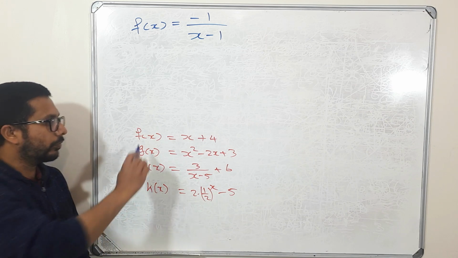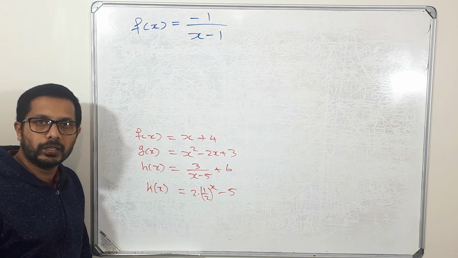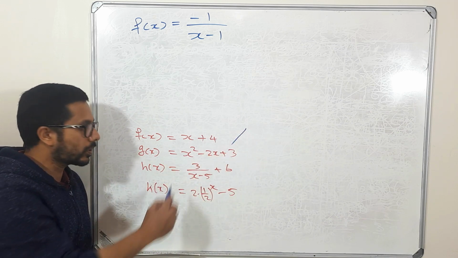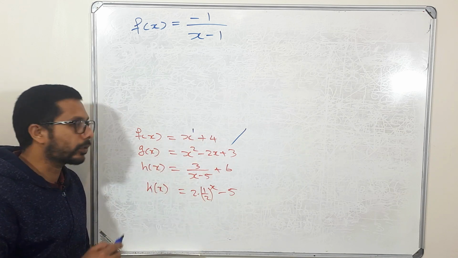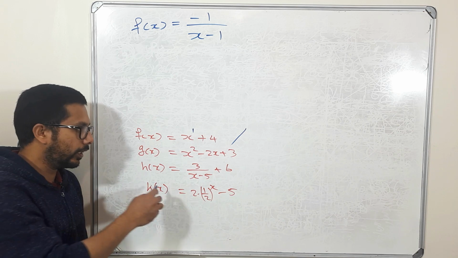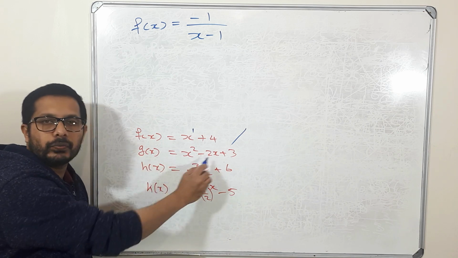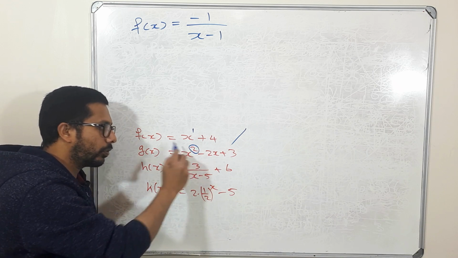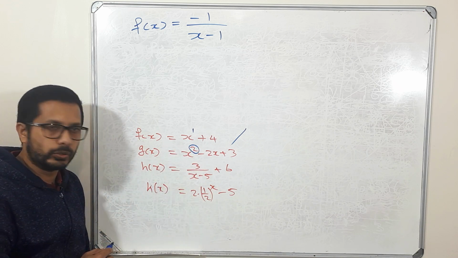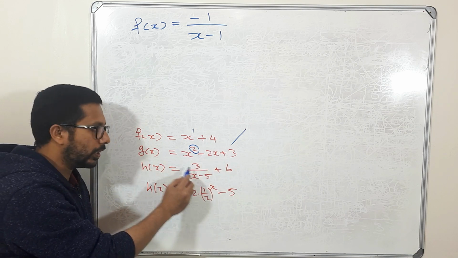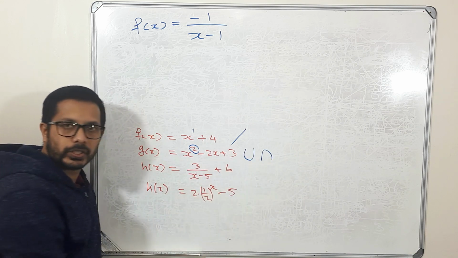The first one, f of x, is a linear function. Why is it called a linear function? Straight line, because the highest power of x is 1. This one is a quadratic function, because the highest power of x is 2. There is 1 here, but the highest power is 2. So it is a quadratic function.